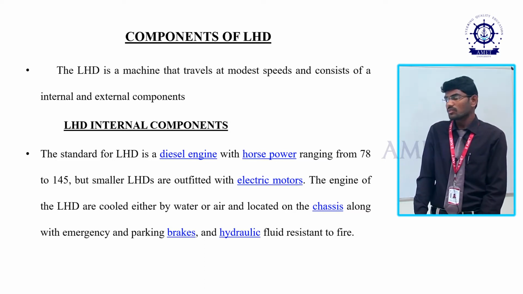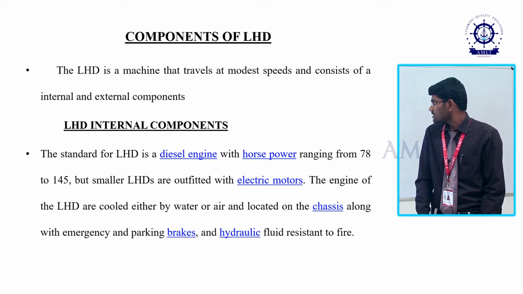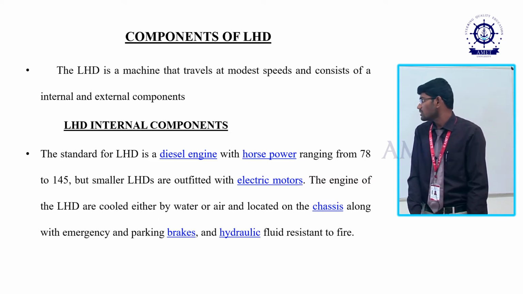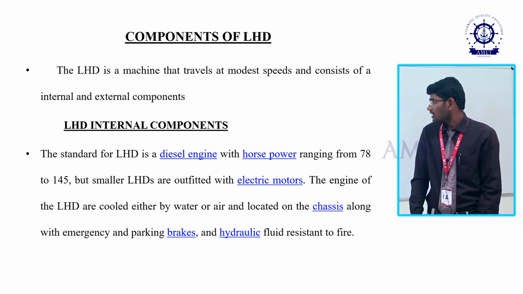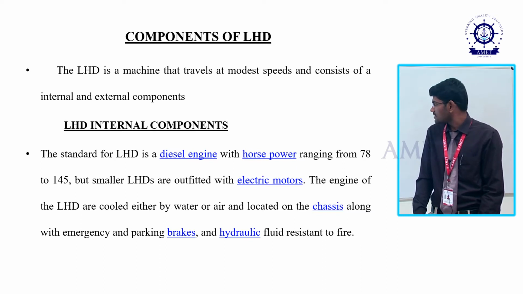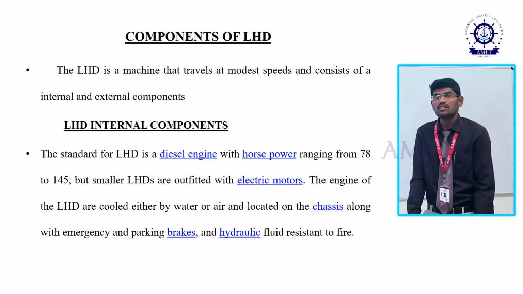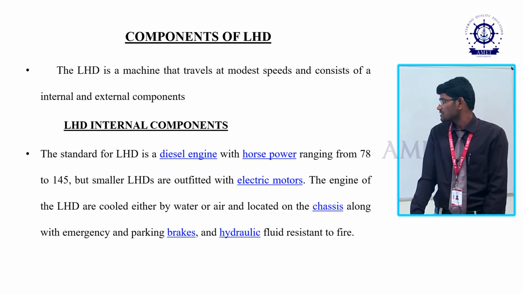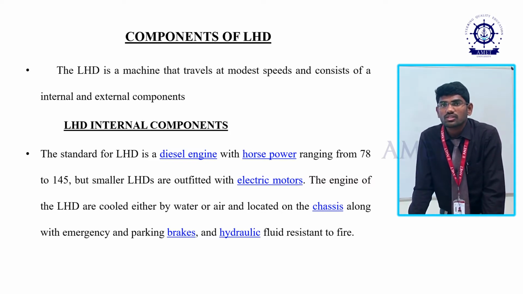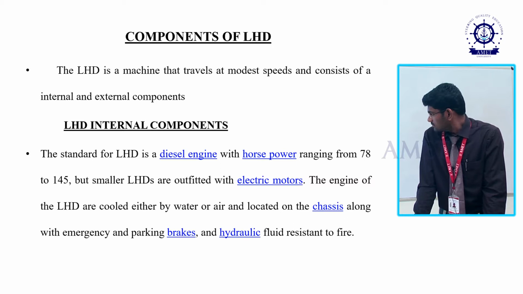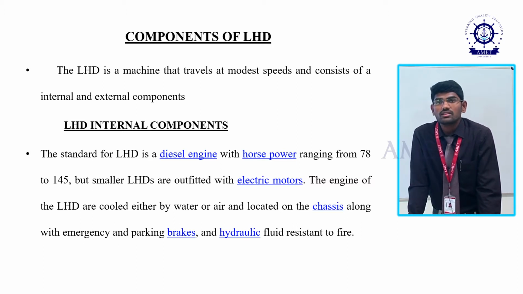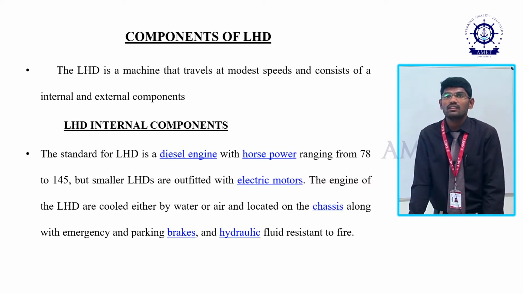Smaller LHDs are fitted with electrical motors. The engine of an LHD is cooled either by water or air. Switches, along with the emergency and parking brakes and fire-resistant hydraulic fluids, are located to control fires that happen inside the LHD.